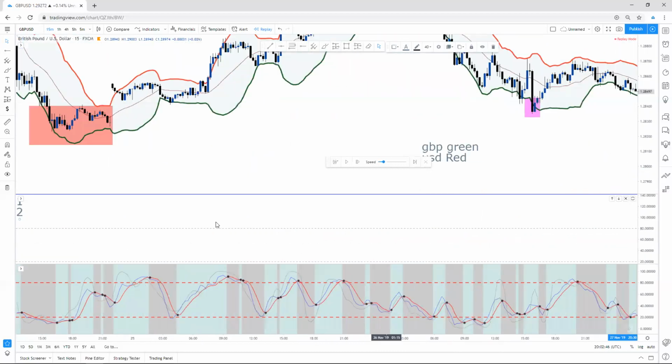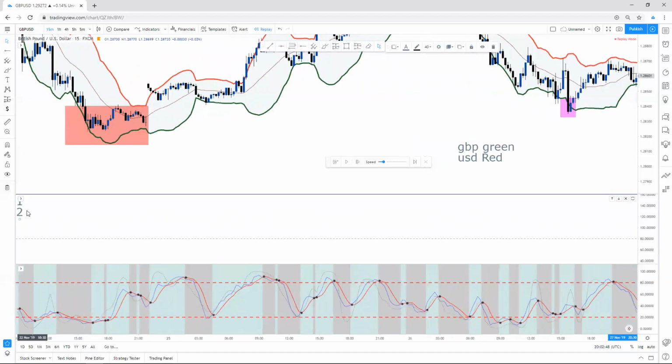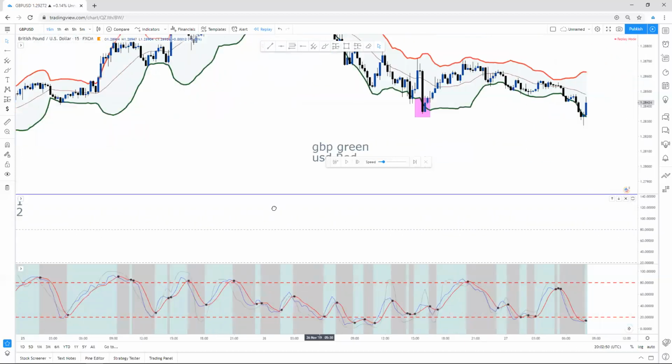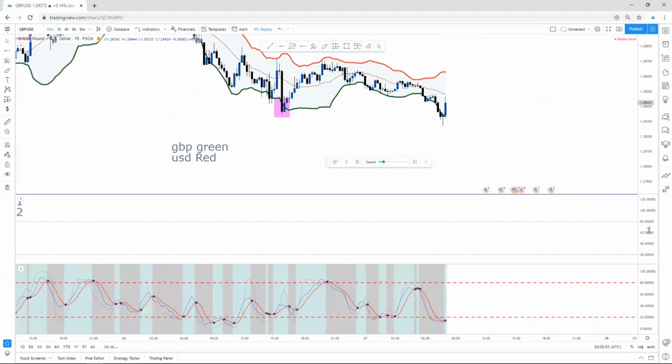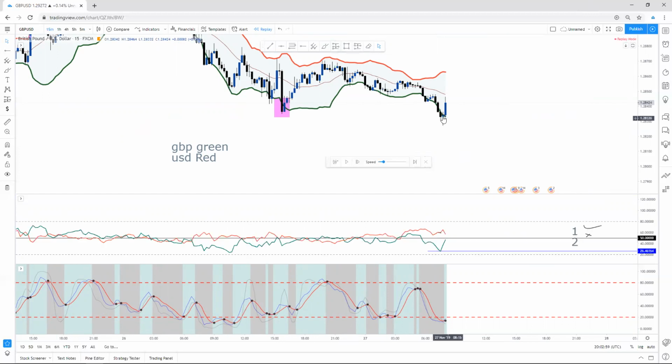Let's give a little bit of time until we have our currency indicator back. It takes a little bit, but it's worth the time. Okay, guys? So basically, we just need to have a gain of strength for this currency and a loss of strength for this currency. It would be in the second candle right there.